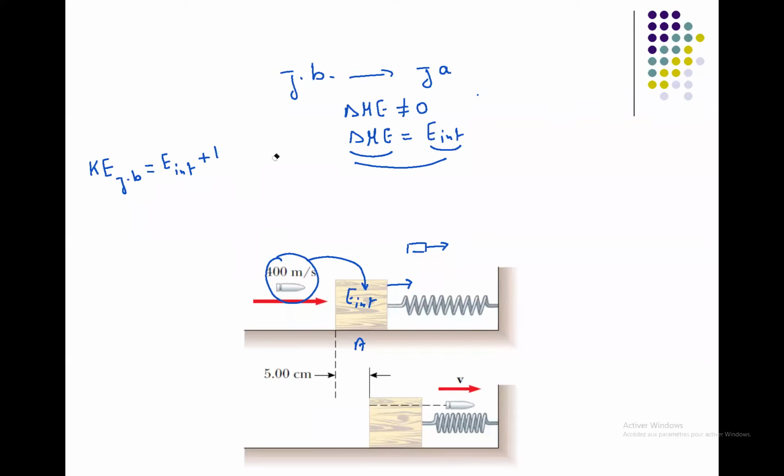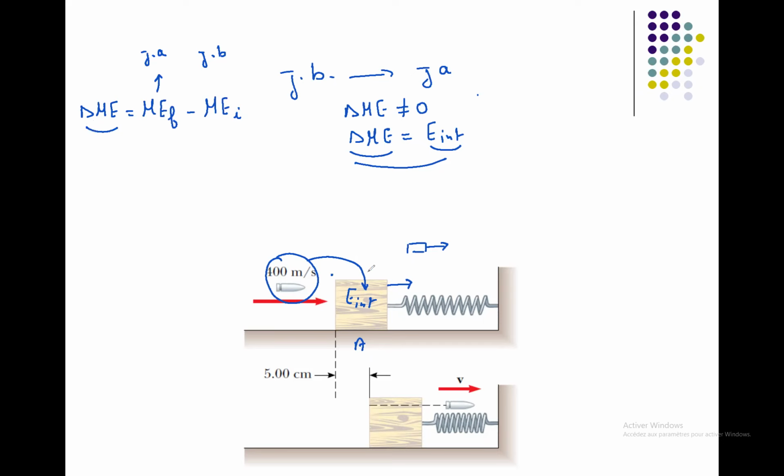Now I need to calculate this mechanical energy lost here. Delta mechanical energy equals mechanical energy final minus mechanical energy initial. Final, I mean just after. Initial, I mean just before. And you know why I don't have a conservation of mechanical energy?